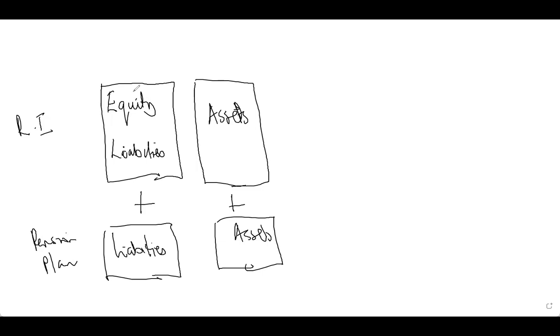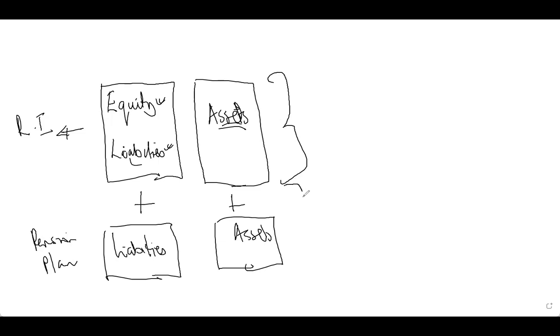So before we just calculated the WACC for Rosetta investments by just looking at the equity and the liabilities associated directly with Rosetta investments, as well as the corresponding assets which were purchased using the equity and the liabilities, right?